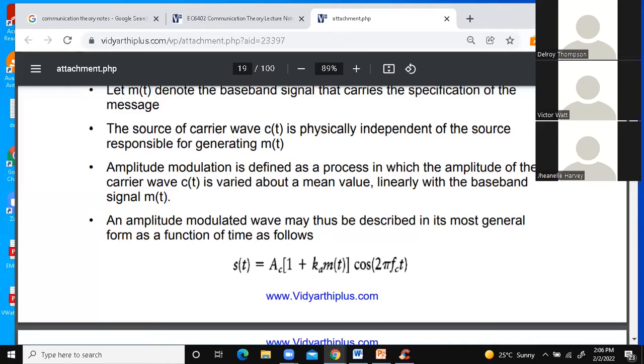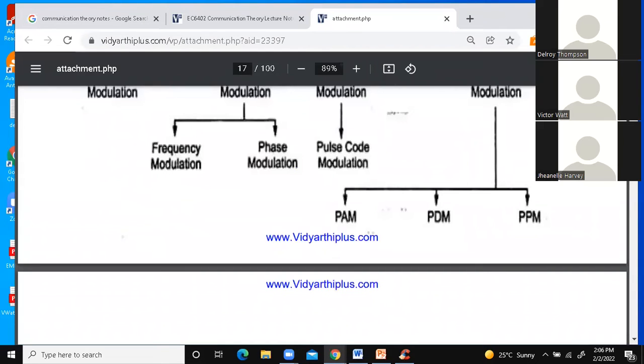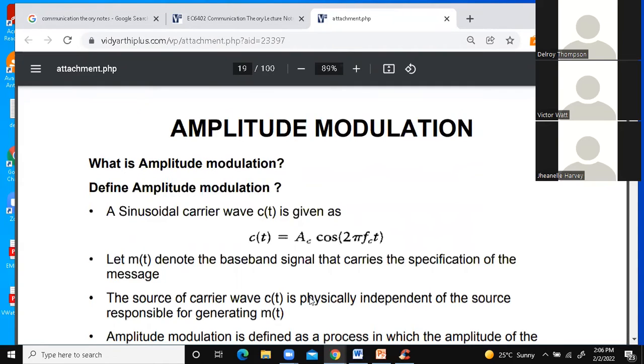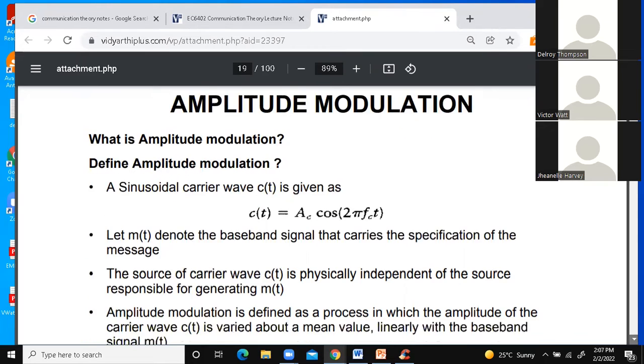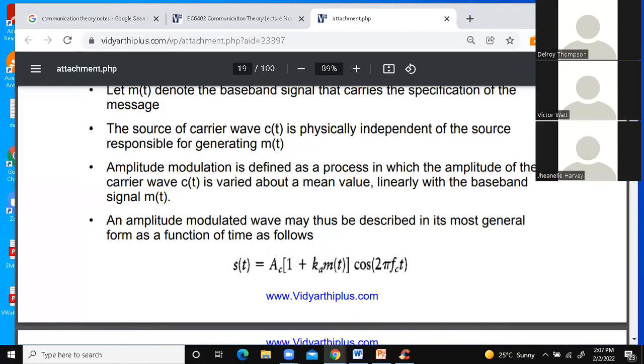Where did we first come across m(t)? The source of carrier wave c(t) is physically independent. m(t) is the information. So you have your carrier and the information. Okay.